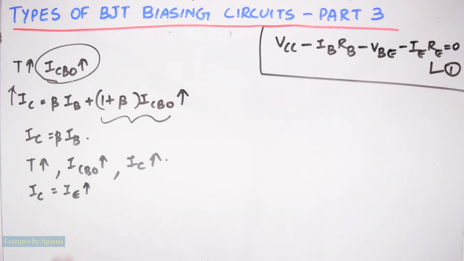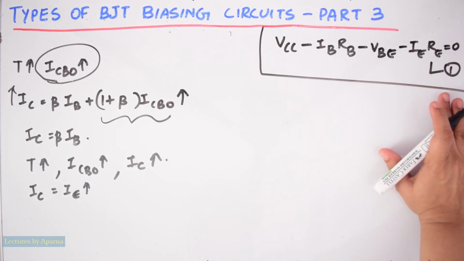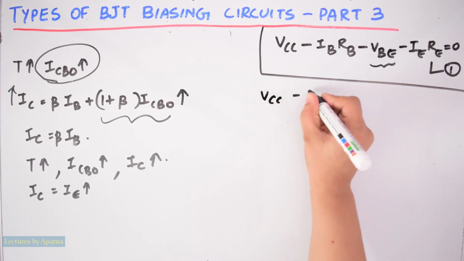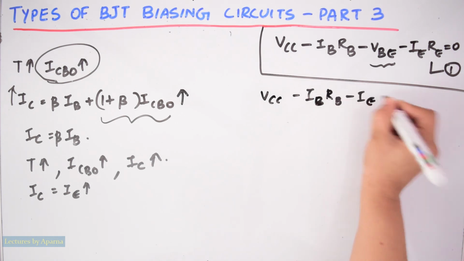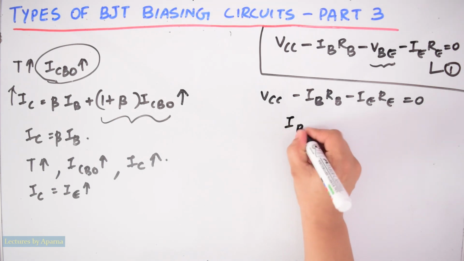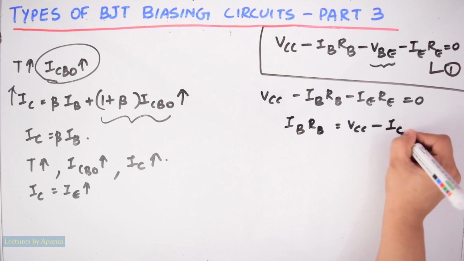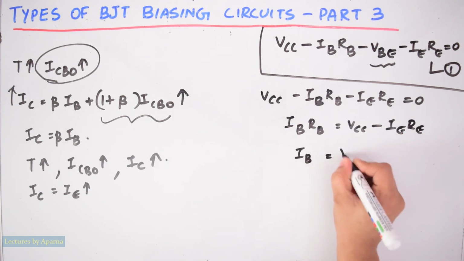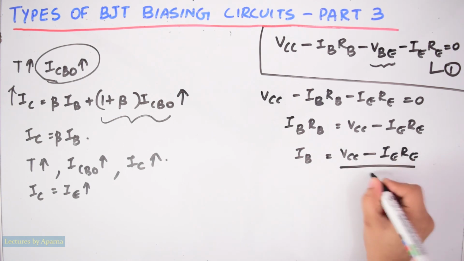So if we consider the loop equation for the input side, that is equation 1, we are going to neglect this VBE. So we get VCC minus IBRB minus IERE is equal to 0. We can write IBRB is equal to VCC minus IERE, or IB is equal to VCC minus IERE divided by RB.